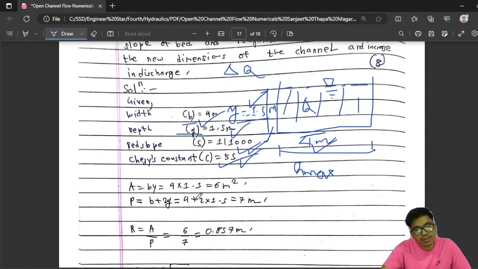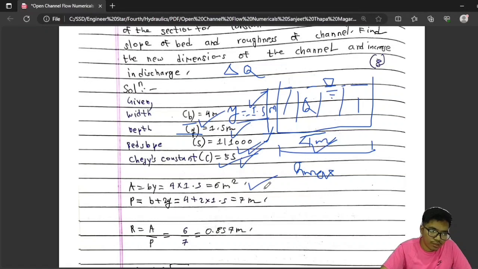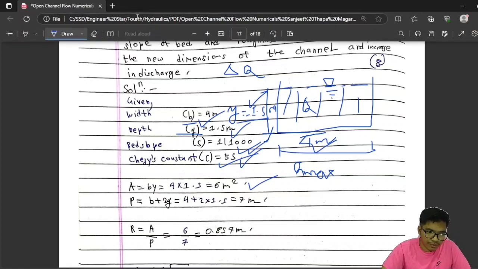First of all, we calculate the area. Area is B into Y. B is 4 and Y is 1.5. 4 into 1.5 is 6. And perimeter.